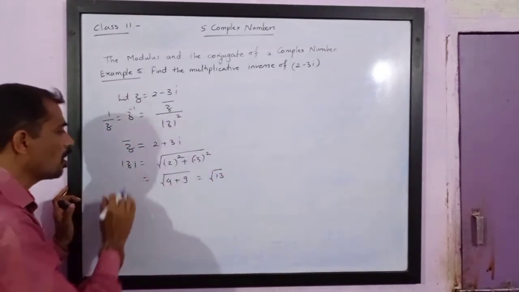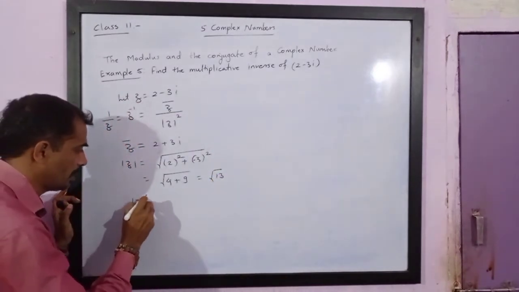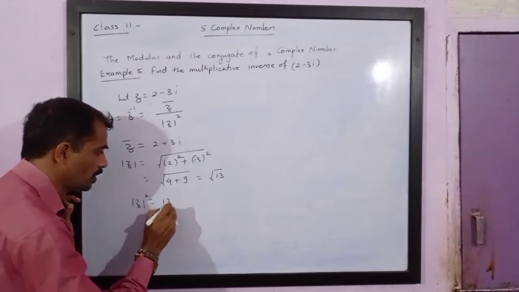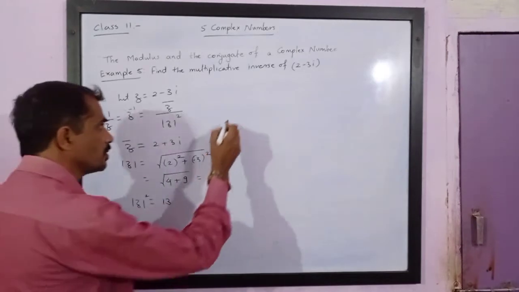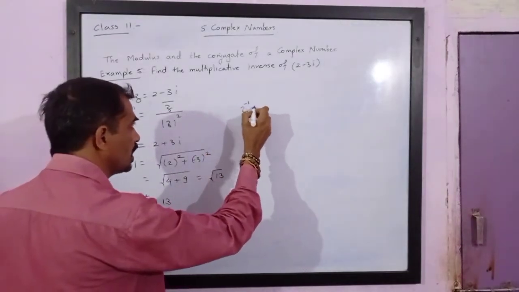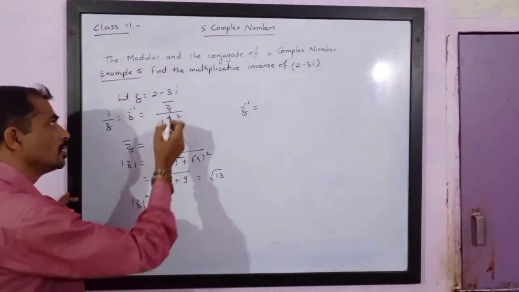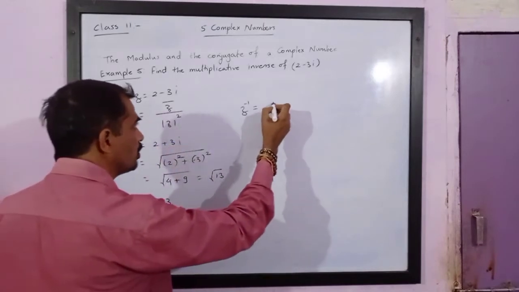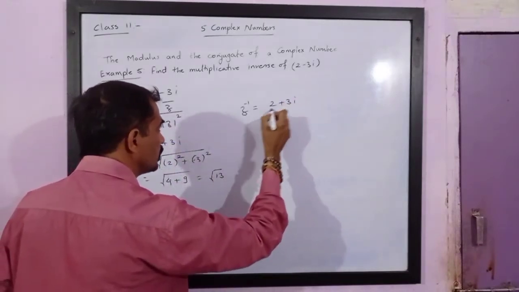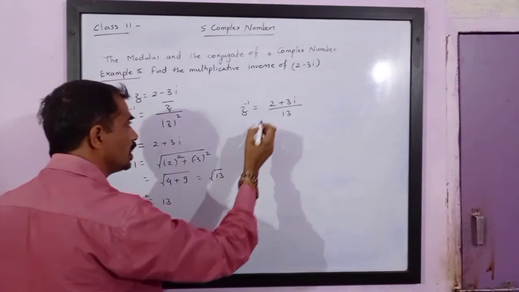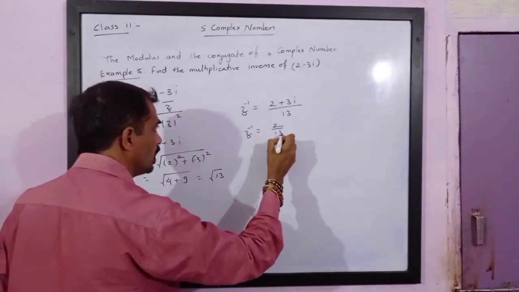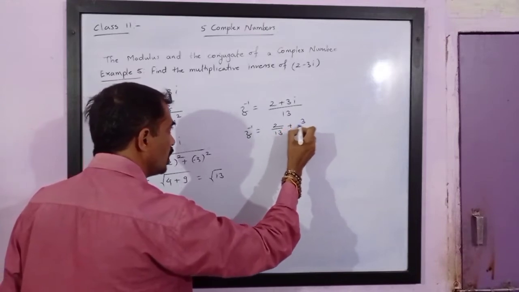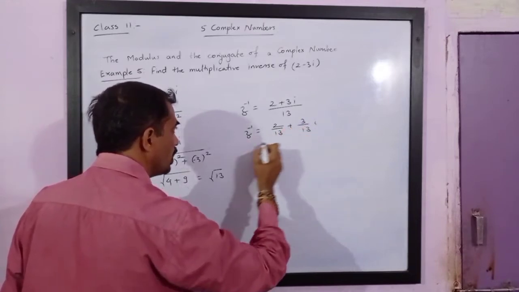It means mod of z square is equal to 13. Hence z inverse, or the multiplicative inverse, is equal to z bar, which is 2 plus 3i, upon 13. It means the multiplicative inverse is 2 upon 13 plus 3 upon 13 i.